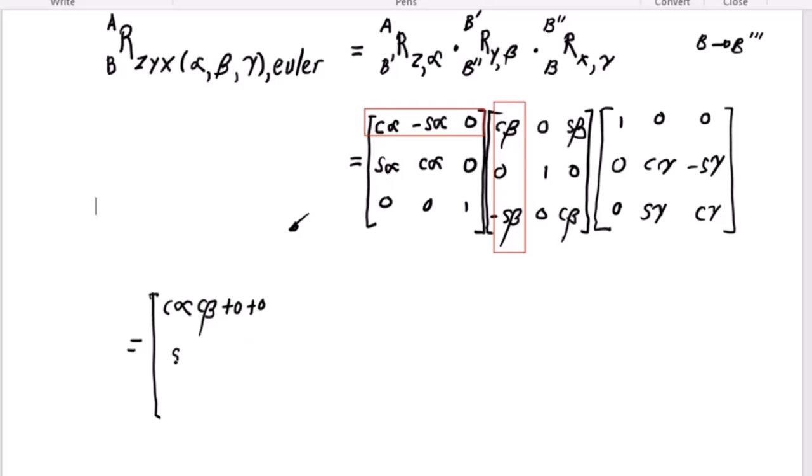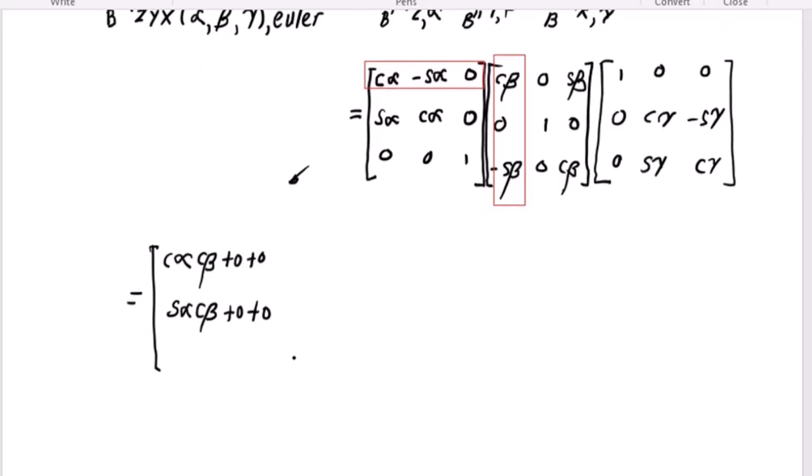That will be sine alpha, cosine beta. 0 times this, plus 0 times this, plus 0. Follow carefully. Multiply this to the third row. This is 0, plus 0, plus sine beta, that's negative sine beta. We have now the first column.